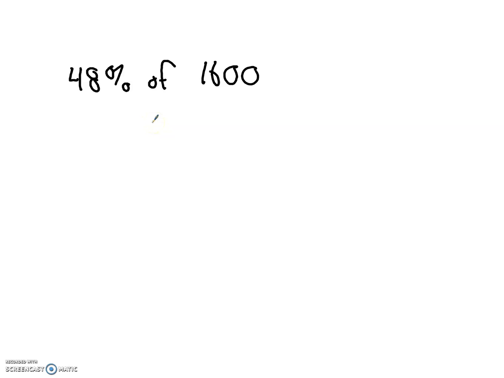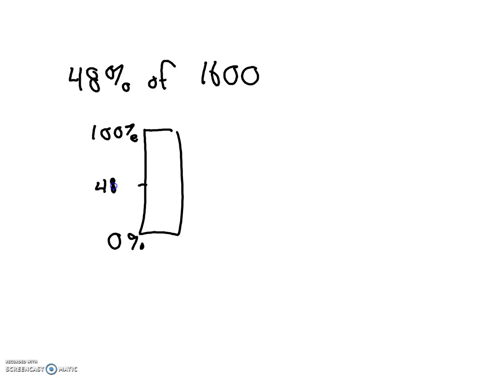But you've got to figure out what that is. So here's my 0 to 100% on this side. 48% is going to be right about in here somewhere. So out of $1,600, how many dollars is that?